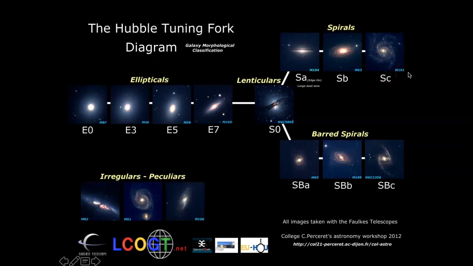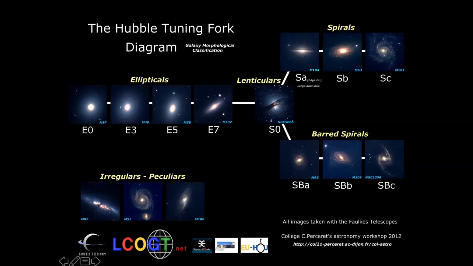And so Hubble said, there must be an evolutionary sequence here. So Hubble created this tuning fork diagram to imply that in the past you have ellipticals, and then ellipticals must evolve and turn into spirals. So you go from past to present, these turn into these. That's why you see these in the past and these in the present.